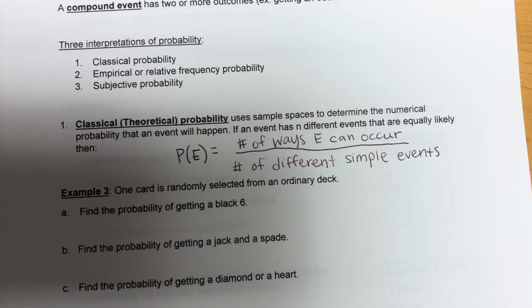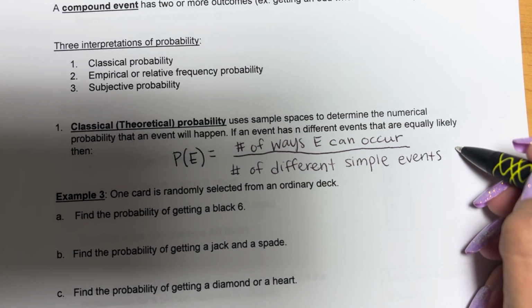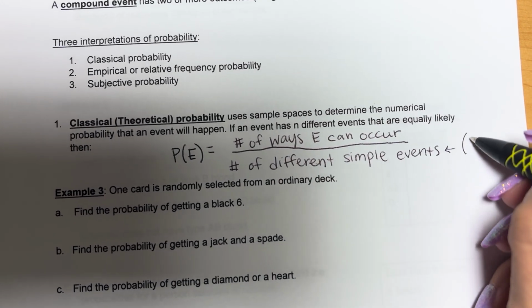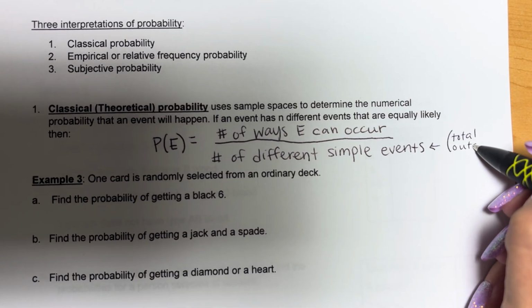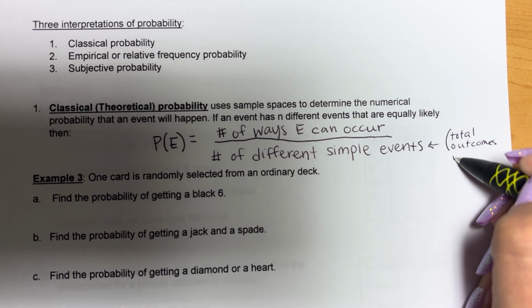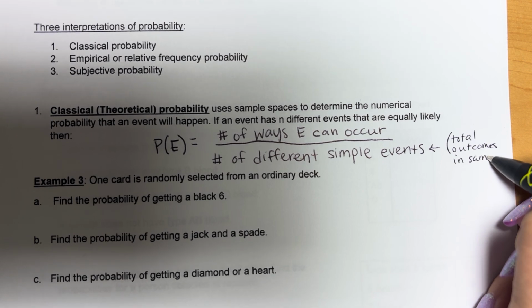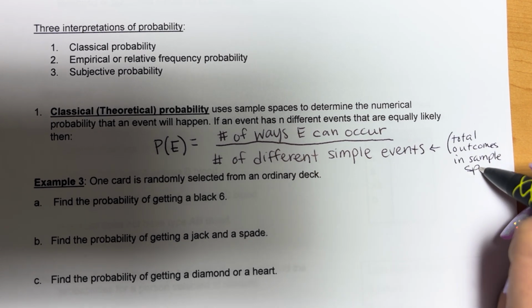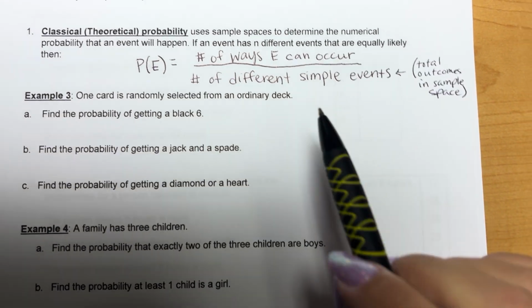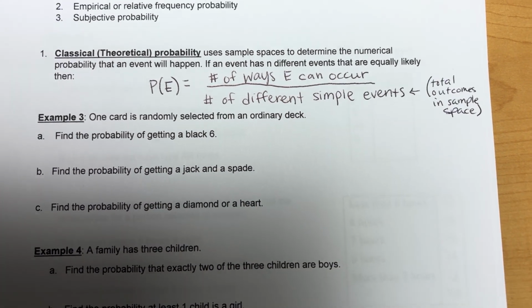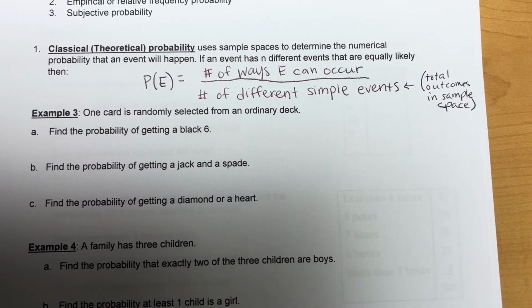Okay, so this would be the total outcomes in the sample space right here. Total outcomes in the sample space. Okay, so we are going to calculate some of the probabilities of doing these here.